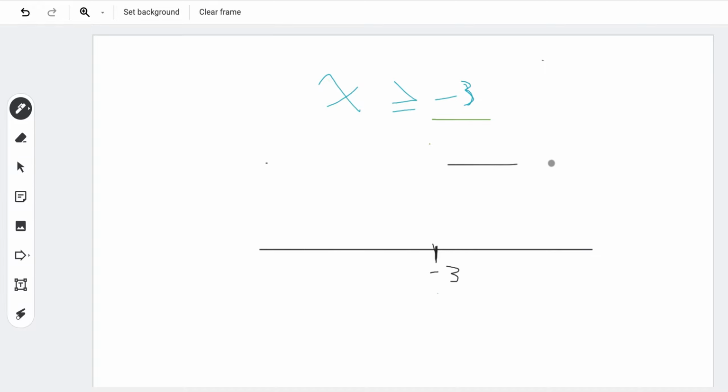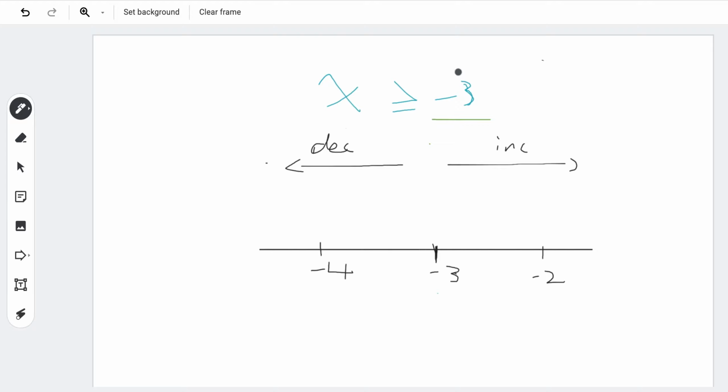We know that going this way is increasing, and this way is decreasing. So what is lower than negative 3? You might be tempted to write negative 2, but this is actually not the case, because -2 is actually greater than -3. We have to be very careful of this, and instead we write -4, because -4 is lower than -3. And on the other side, we write -2.